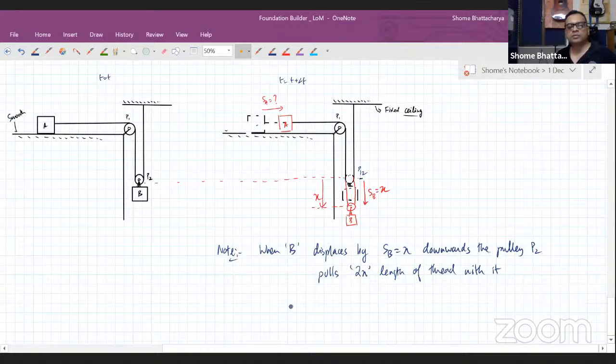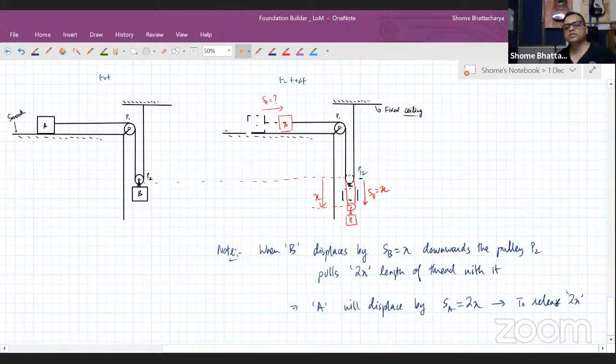Okay. So what will happen as a result of it? A will displace by S_A equal to 2x to release the 2x length of thread.